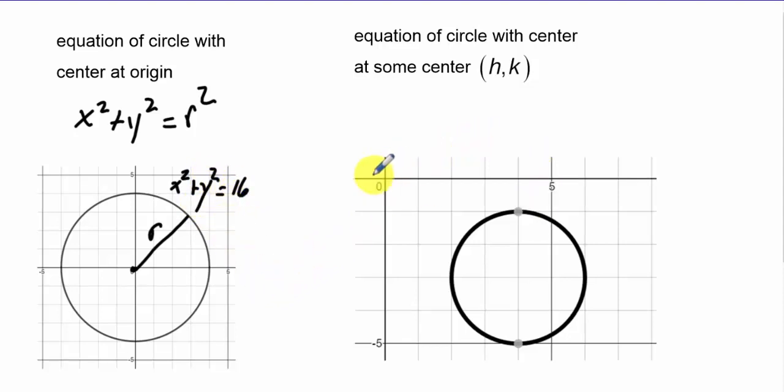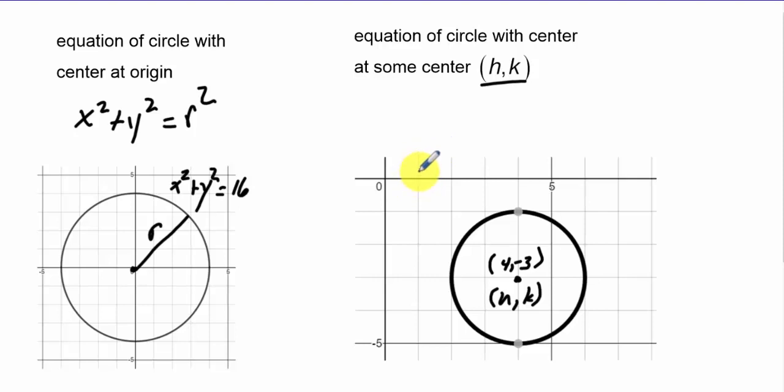Now, in this case, here's 0, 0, and our center is right here. All right. So for argument's sake, that's 4, negative 3, right? In general, we would call this some H, K point. So we've seen H, K before. Those talk about translations.